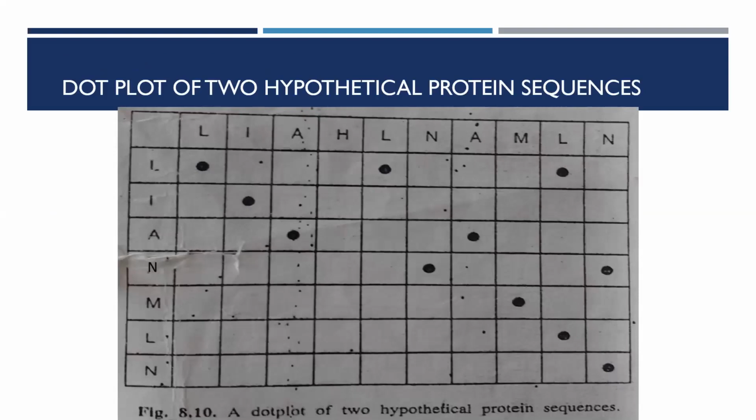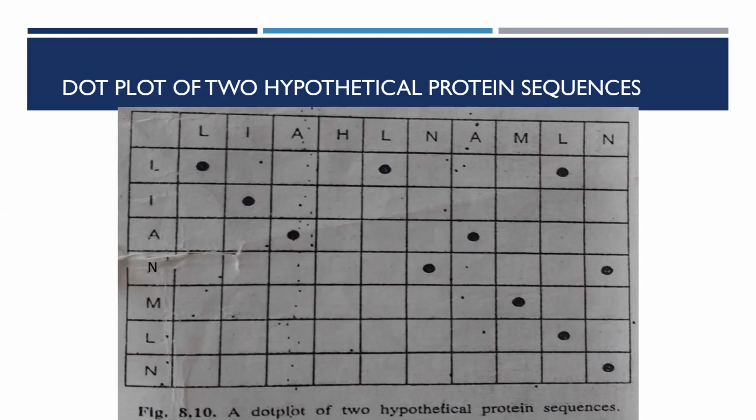So how do we do this dot plot analysis? By taking the two sequences under consideration. In the beginning, I told you that these three methods, whether dot plot analysis, dynamic programming, or heuristic methods, are basically for pairwise analysis of sequences, meaning only two sequences are involved in the alignment.